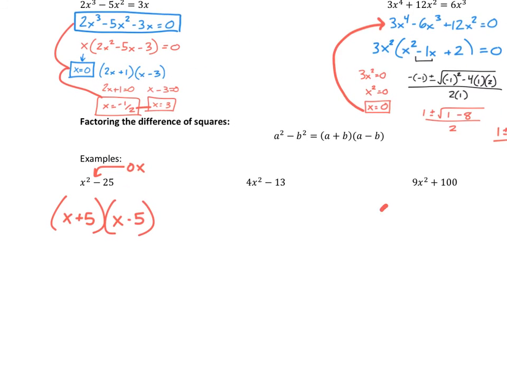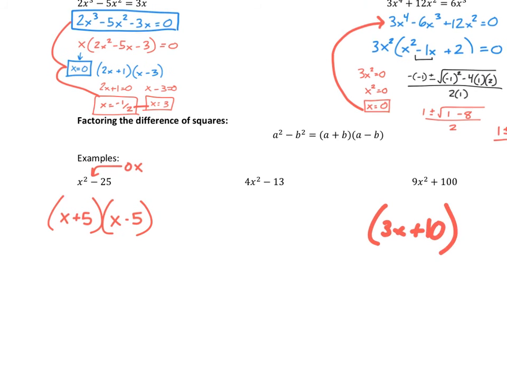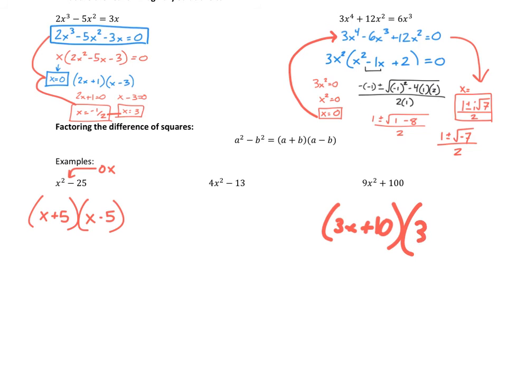This third one here, where you take the square root of both terms of your a and b, you'd get 3x plus 10 and 3x minus 10. And then you might be wondering, what's going on with this one here in the middle? There's no GCF, so that doesn't fix the fact that 13 isn't a perfect square.